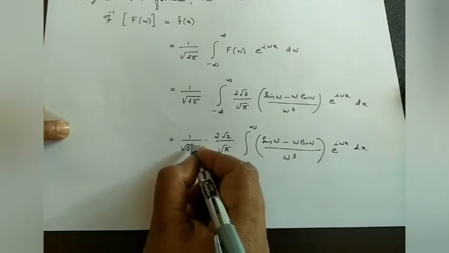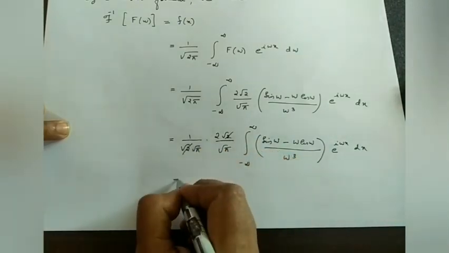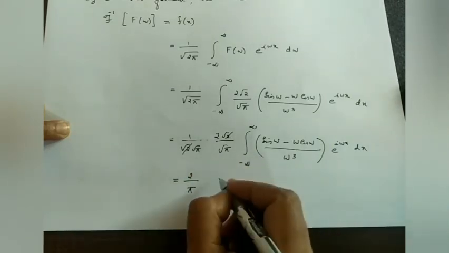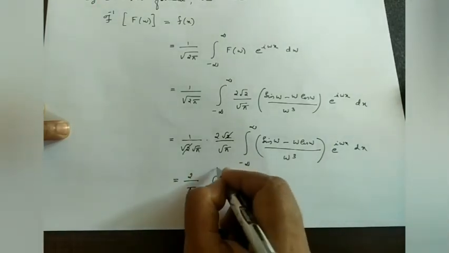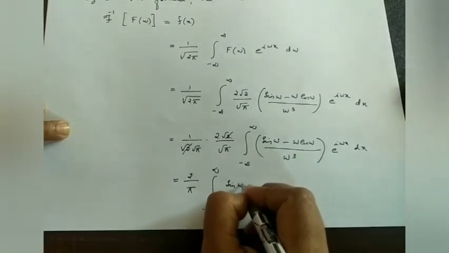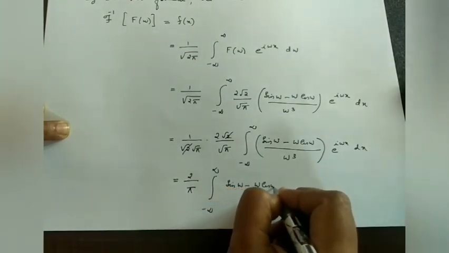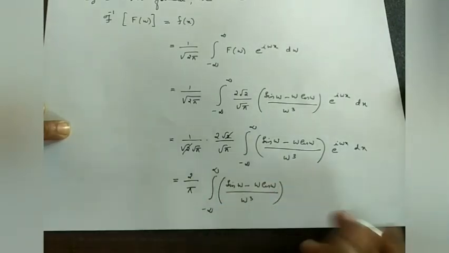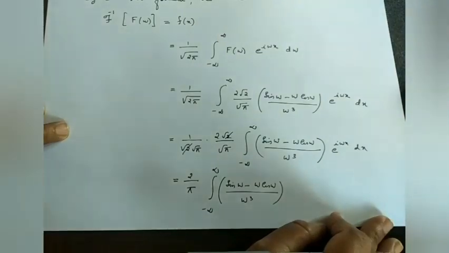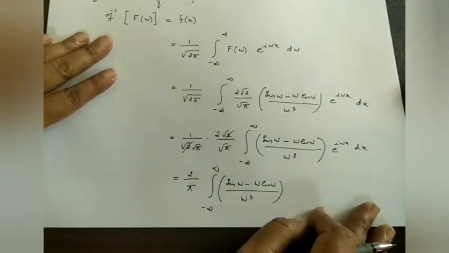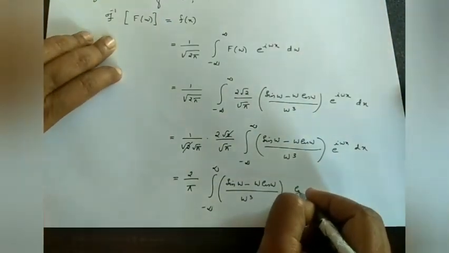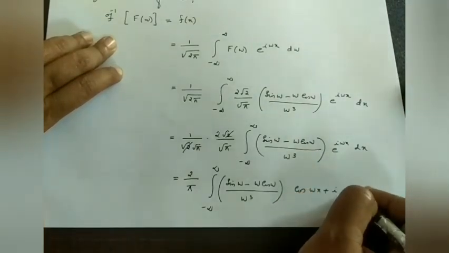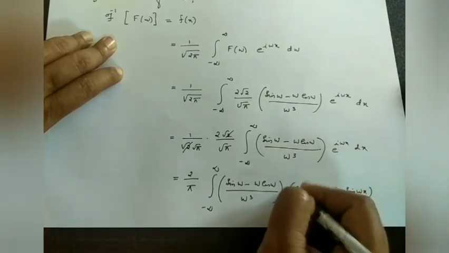Now cancelling the terms root 2 and root 2, we get 2 by root pi into root pi becomes 2 by pi. Integral from minus infinity to infinity, sin omega minus omega cos omega by omega cube into e raised to I omega x can be written in the e raised to I theta form, that is cos theta plus I sin theta form, that is cos omega x plus I sin omega x dx.